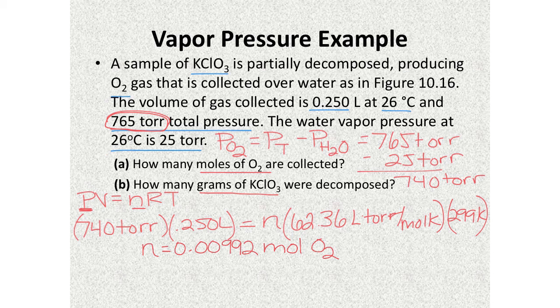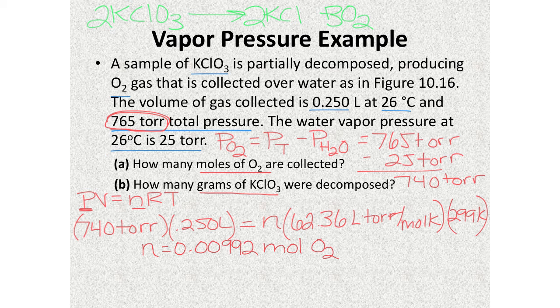Now, in order to figure out the grams of KClO3 that were decomposed, I'm going to need the reaction because I will need the stoichiometry. So KClO3 would decompose into KCl and oxygen gas. Now we would need to balance the equation, obviously. So that would be a 2, and a 3.